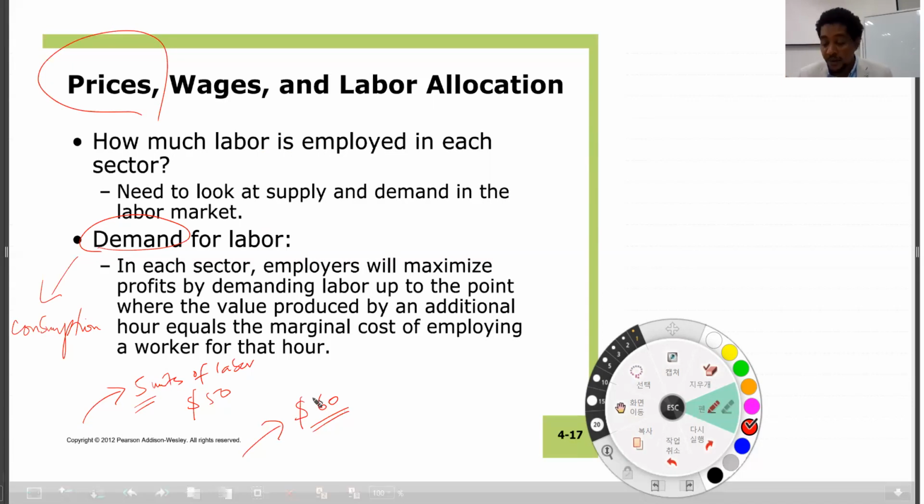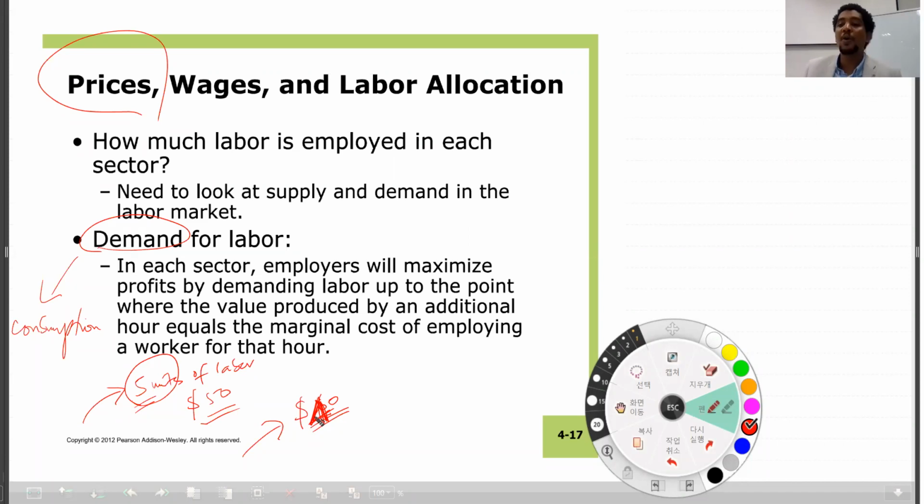But if this addition of 5 units of labor to the production costs us $50 and the production of these clothes gets a profit of only $40, then this means that the marginal cost of employing more units of labor has resulted in more cost than profit. So at this point, we have to stop, okay?